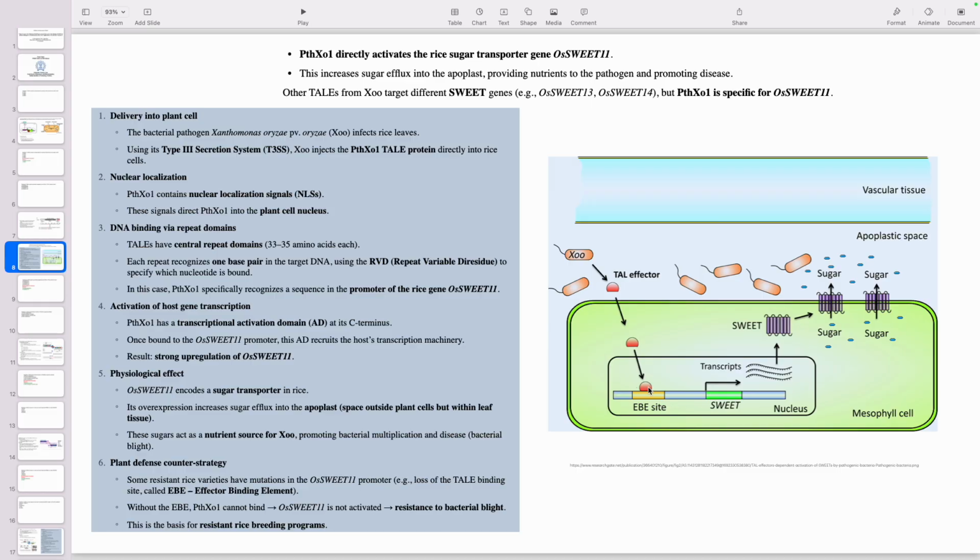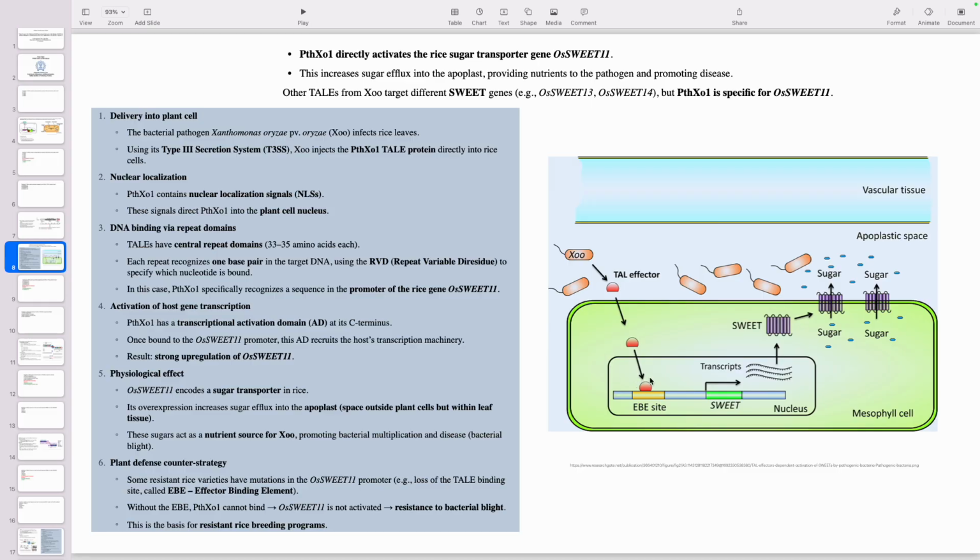In this case, PTHXO1 specifically recognizes a sequence in the promoter of the rice gene OS sweet 11. After this recognition, activation of the host gene transcription occurs.